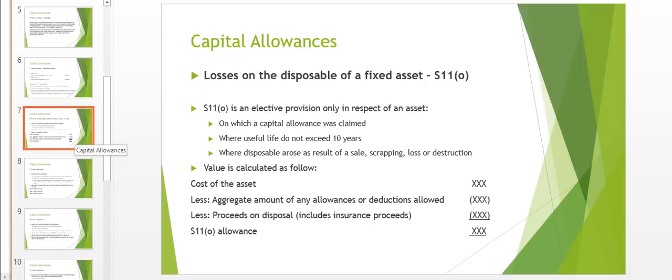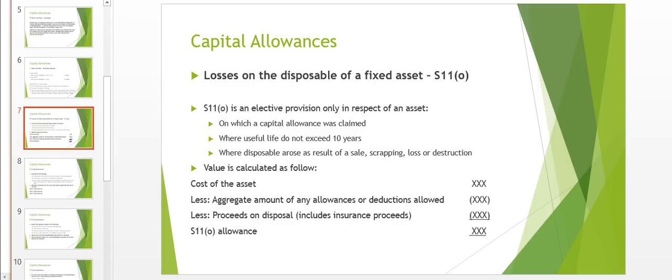Okay, so now what you want to do is calculate, if you sell an asset, whether you made a recoupment or a gain, or whether you made a loss on the disposal of any fixed asset. So we're going to deal with a loss on the disposal of a fixed asset first. That's Section 11(o).